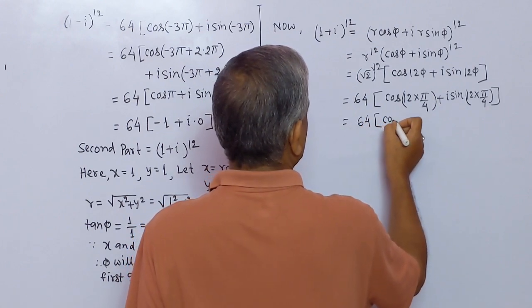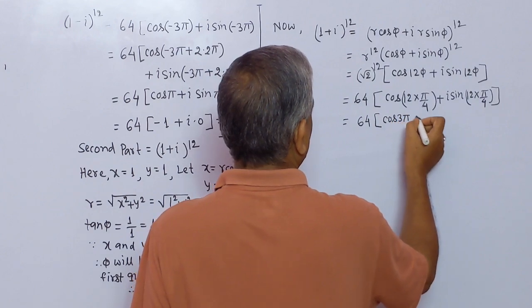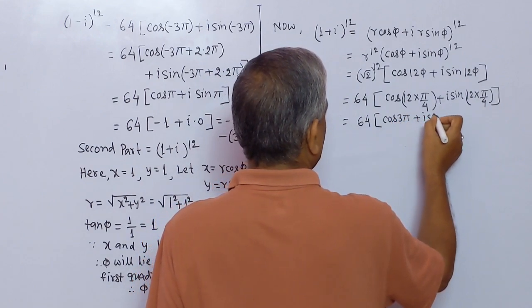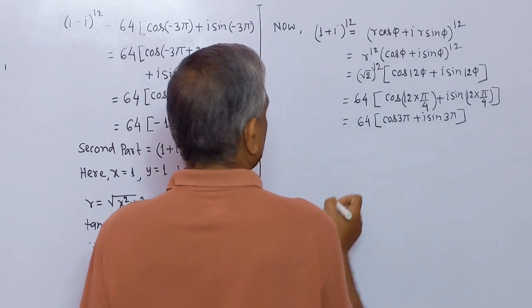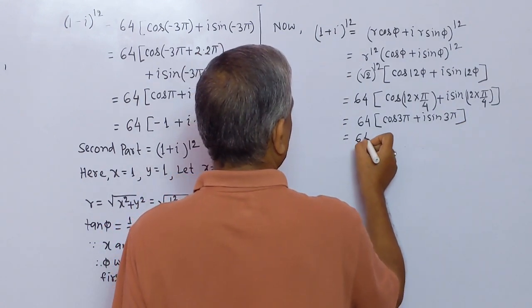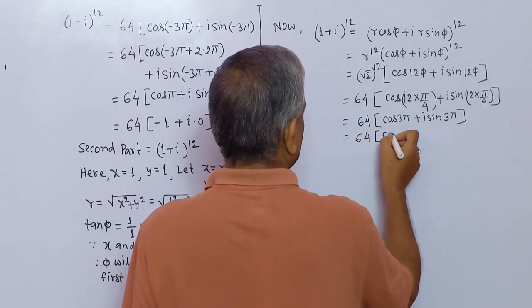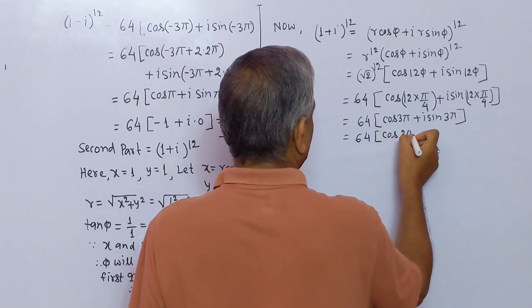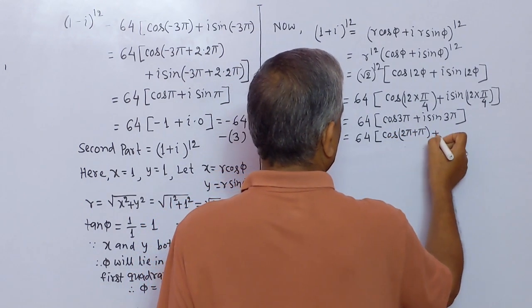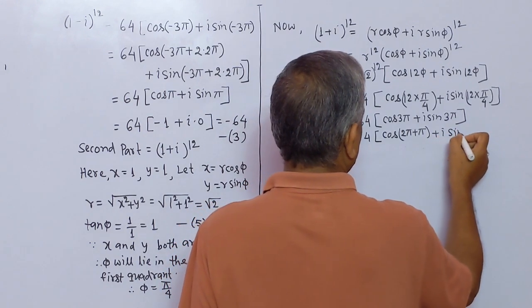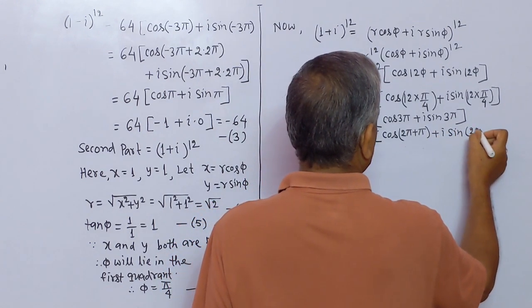Here cos 3 pi plus i sin 3 pi. We may write this as cos (2 pi plus pi), 3 pi, i sin (2 pi plus pi).